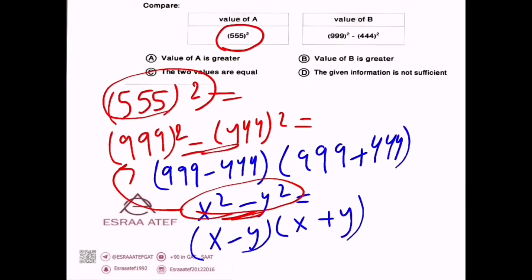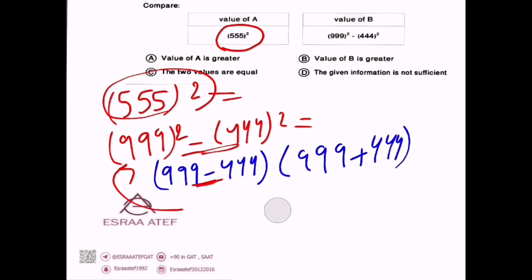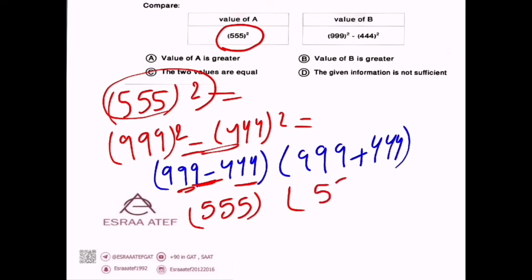Okay, so the same we will do. 999 minus 444 will be 555. The same, but here the other factor will be more than 555.